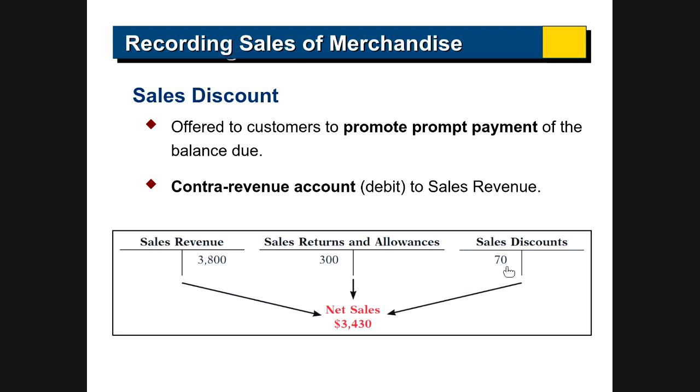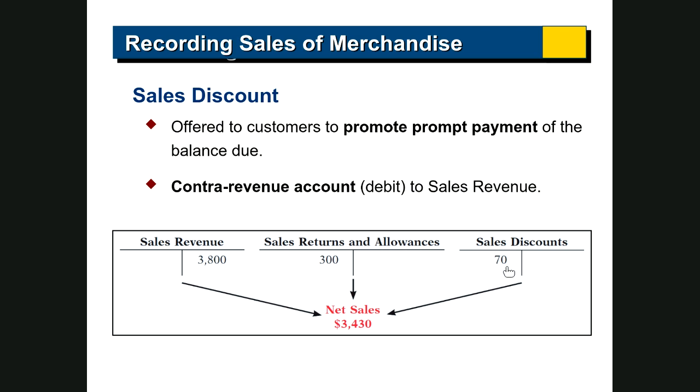Without looking, who can tell me what would be the credit when you do sales discount 70? The $70 credit goes where? When you're debiting sales discount, the credit goes where?